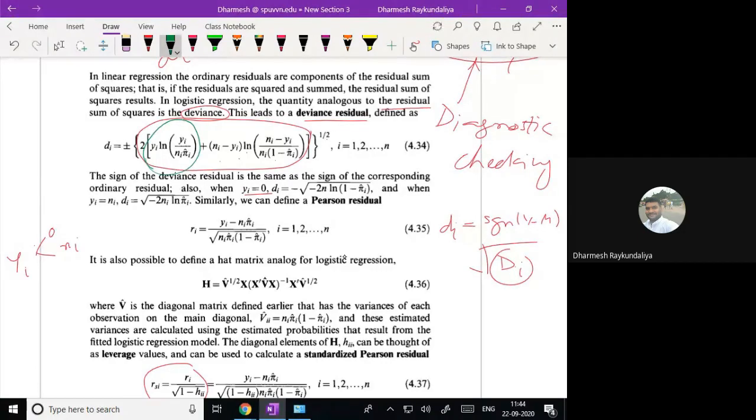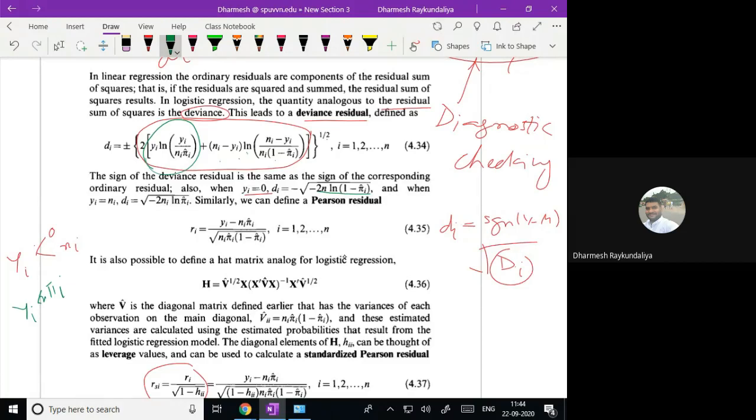If you take the sign outside, it becomes minus, so it is minus the square root of twice ln 1 minus pi i. Why is the sign minus? Because yi is less than pi i, since you have considered y equal to 0. So the sign is minus.